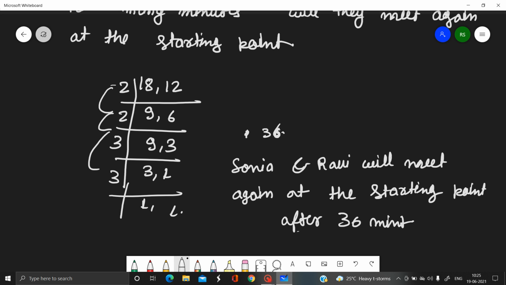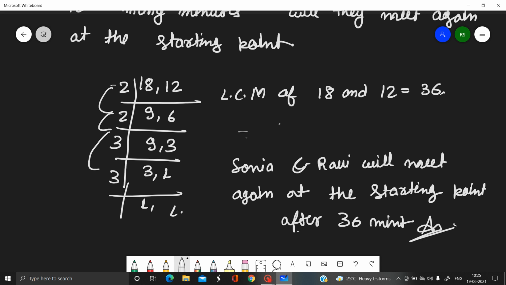And this is the LCM of these two numbers. So I can write here the LCM of 18 and 12 will be 36. This is the question number 7 which we have done here. And this is the last question of exercise 1.2.